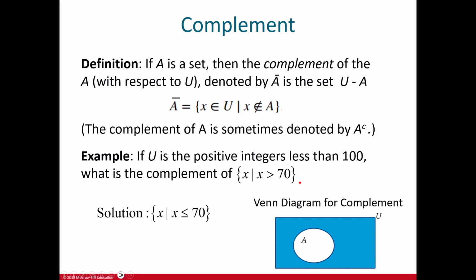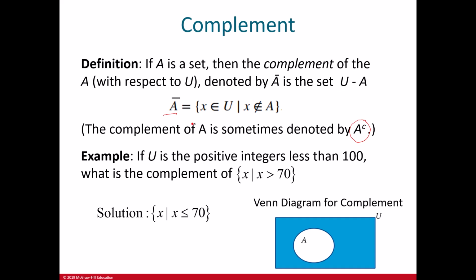Set complement is written in two ways. You can write it as a bar, like you see here, or using this other convention. Some books use this one. It is always with respect to some universe.